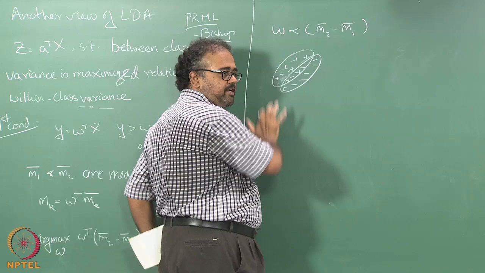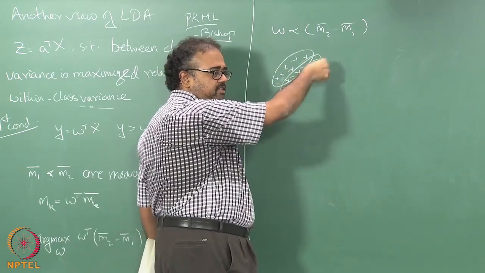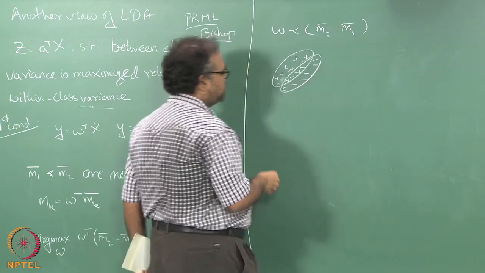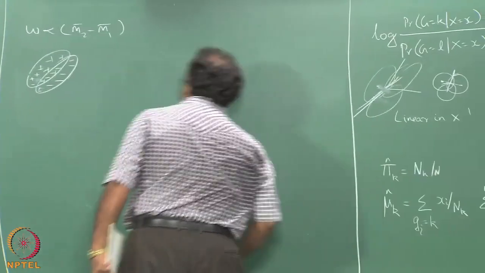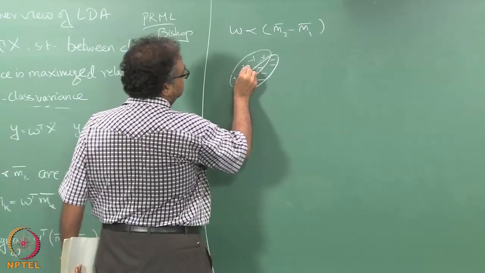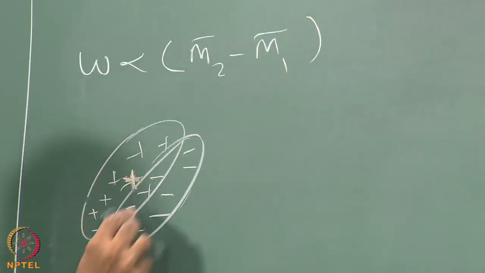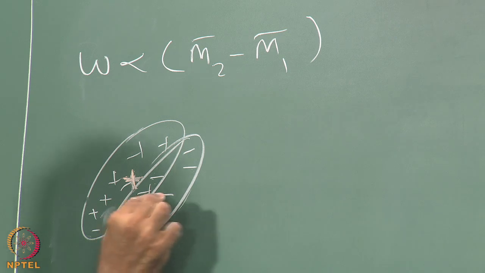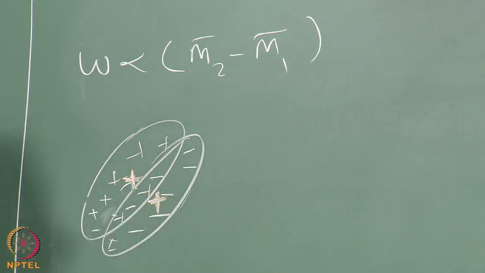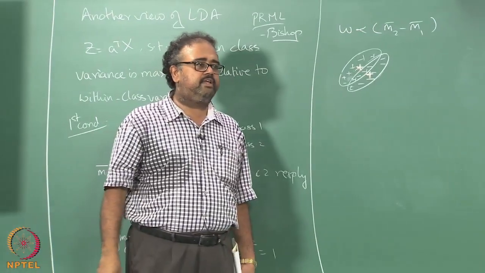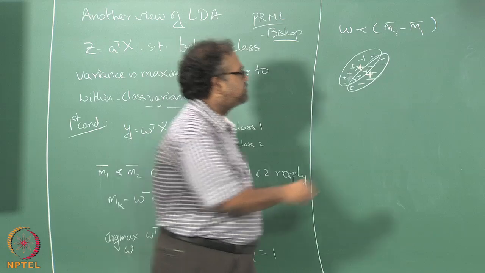So I am going to get data like this, and I am modeling the Gaussian by these contours, okay. Now let us say that roughly these points are the centroids of the data I get.